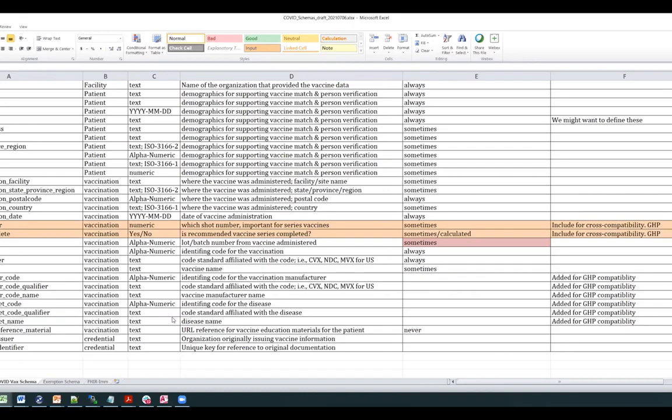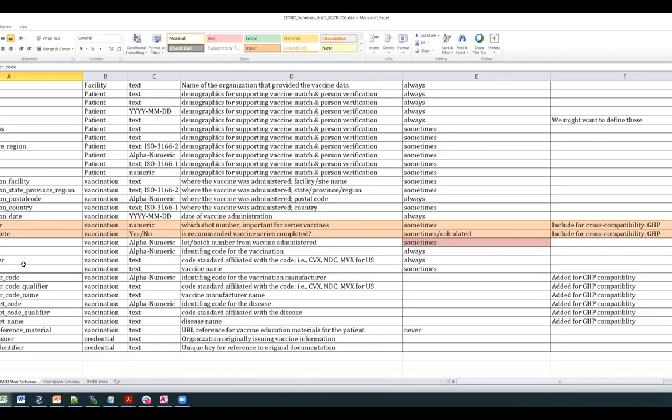Okay, so the next chunk that I think we should review is the addition of manufacturer data and disease target. These were added for Good Health Pass compatibility, and because there are some differences between the vaccine code and potentially the manufacturer. In our current COVID example that's not quite the case, because it's one of a few and that's all there is right now, but I think this will become more important.